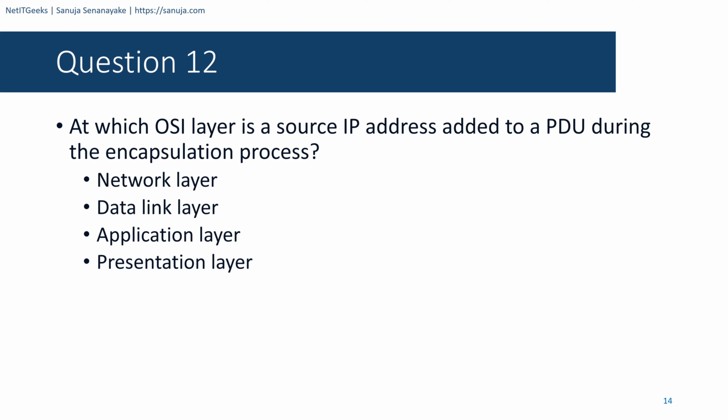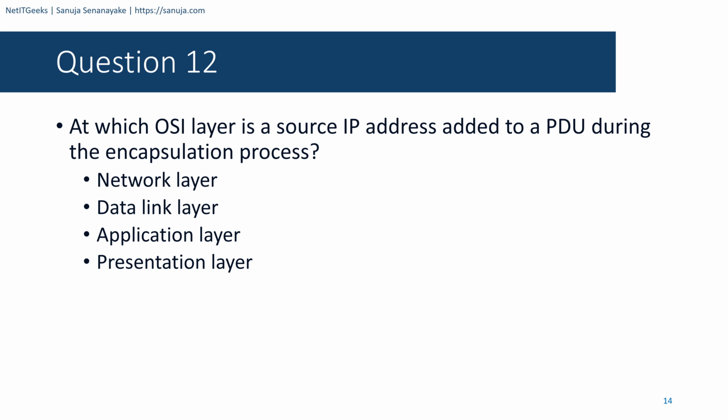Question number 12. At which OSI layer is a source IP address added to a PDU during the encapsulation process? Remember, we use the OSI layer model for our networking infrastructure, like how we develop our networks.